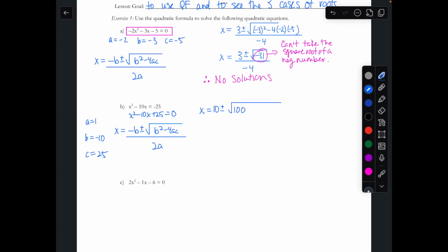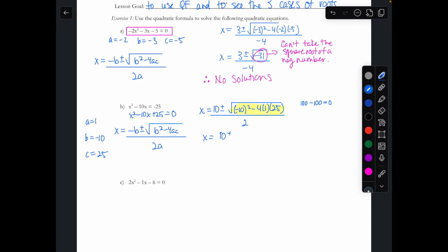So let's do it. Negative b is going to be plus 10, plus or minus the square root of -10 squared minus 4ac, over 2a, which is 2. When I put this in my calculator, I'm going to get 100 minus 100, which equals 0.